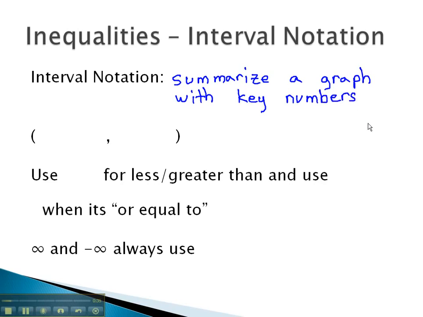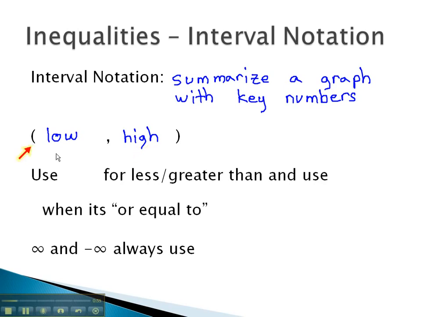The way we summarize the graph with key numbers is we put in some type of parentheses, the low number first, comma, the high number.